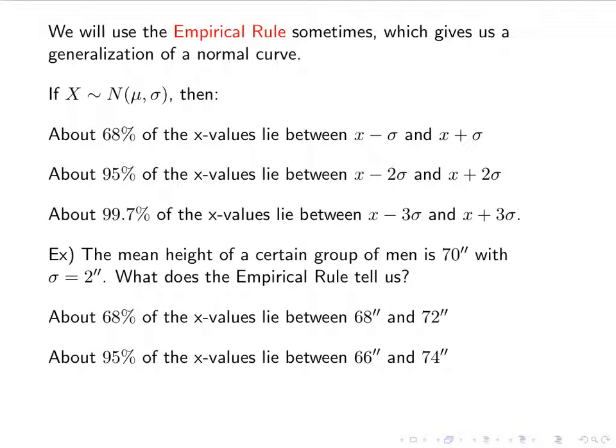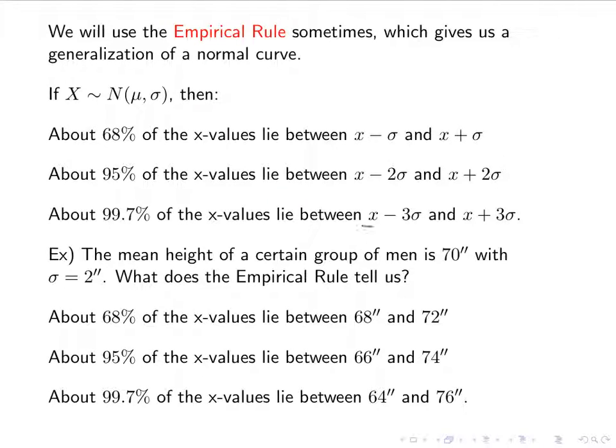It also tells us that 95% of the values lie between 66 and 74 inches, which is 70 minus 4 and 70 plus 4. And then the last one tells us that 99.7% of the x values, and remember the x values are heights of men, so 99.7% of men have a height between 64 inches and 76 inches. So 70 minus 6 and 70 plus 6. Okay, so that's what the empirical rule is telling us. And again, generally we'll just use it to say, does our answer make sense?